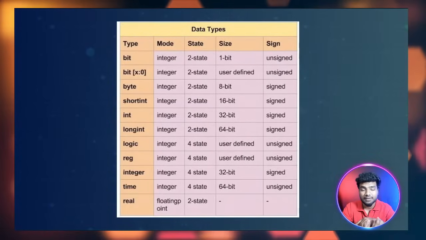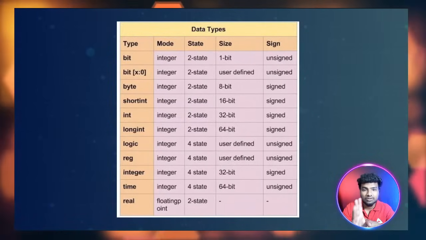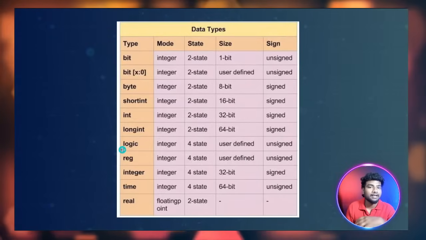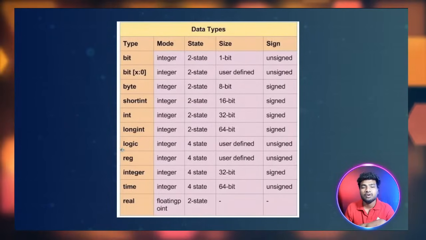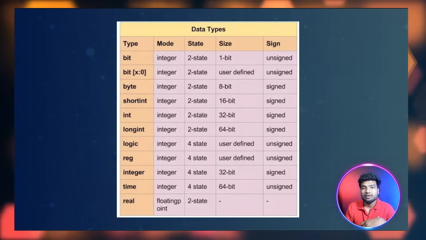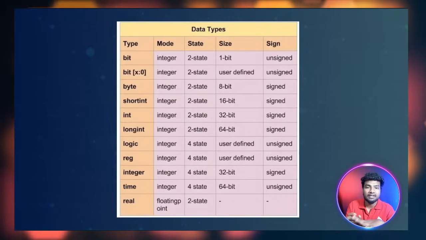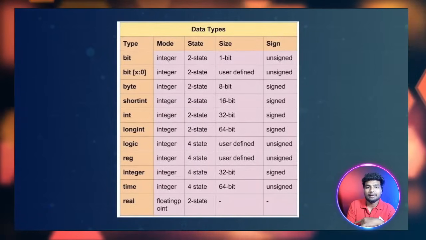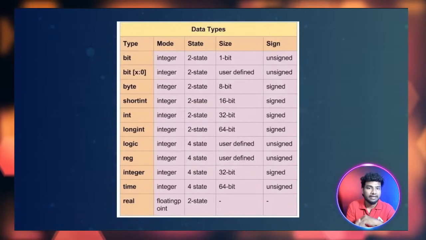Those are the data types. We can also override this: logic is unsigned in nature, but we can make it signed by explicitly writing the signed keyword before the data type. Then only we can assign it as signed.